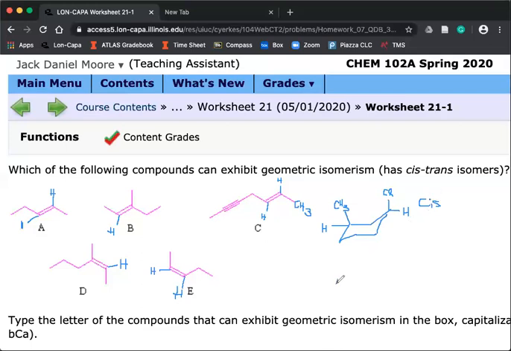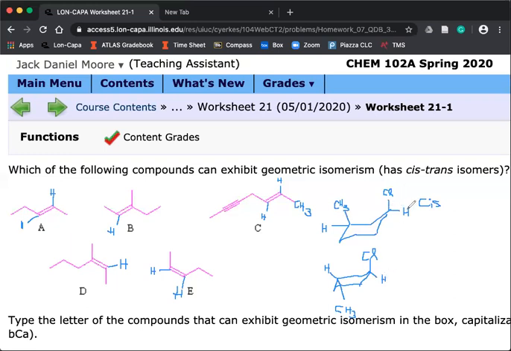And then we can also redraw this ring so that we can make it trans. Pardon my ring drawing. We'll keep our chlorine going up, and then we're just going to draw a line where our CH3 is now going down to the bottom of the ring rather than pointing up towards the top. In this conformation, we still have this hydrogen that's now going to be up, and then we'd have this hydrogen that would be down.